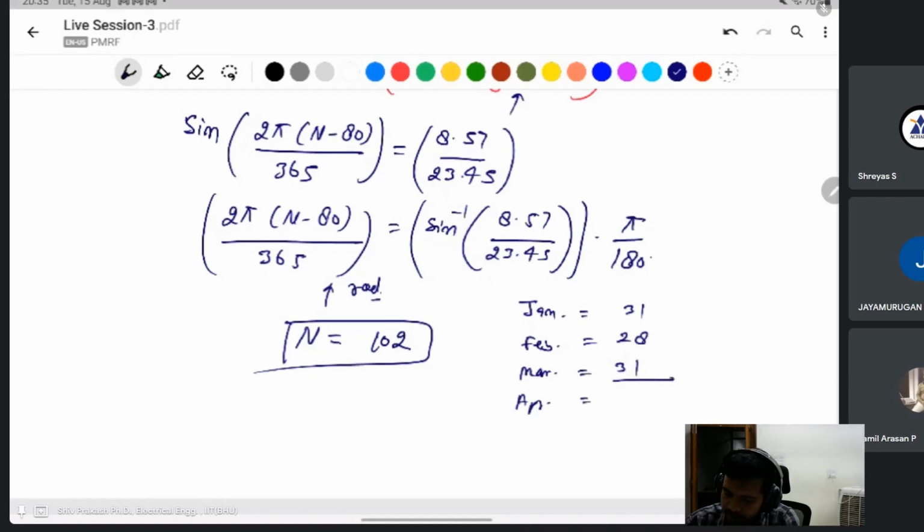These three will be 90, and the remaining is 12. 102 minus 90, it means April 12.